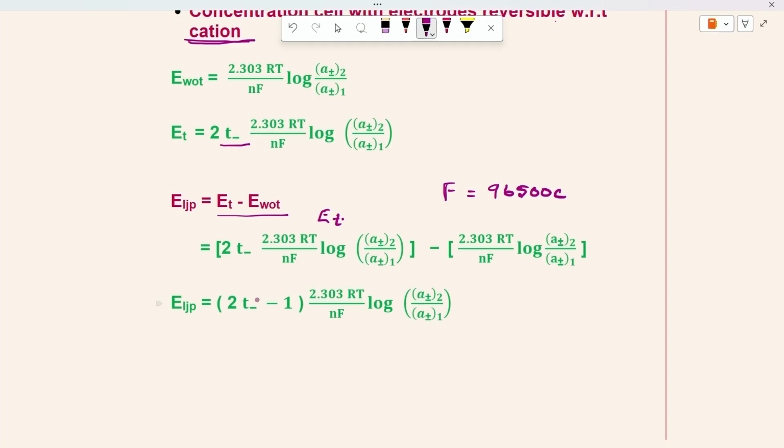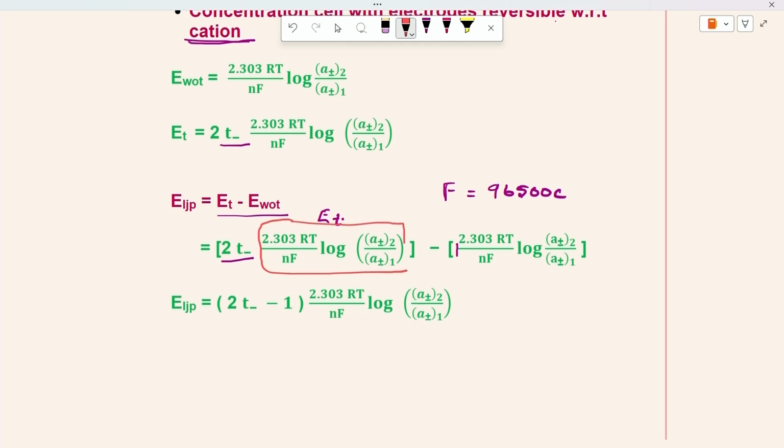Okay. Now, we know that here we have 2T minus, and here we do not have anything else, that is, you can consider that as 1. The common factor is 2.303 RT by NF log mean ionic activity of 2 divided by mean ionic activity of 1.